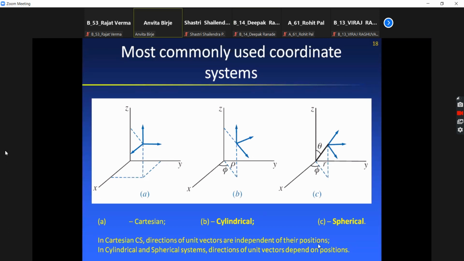Unit vectors are independent of their position because they will always be along the x-axis, irrespective of the vector. This a bar x will always be along the x direction, positive x. What will be the direction of the unit vector a bar x?